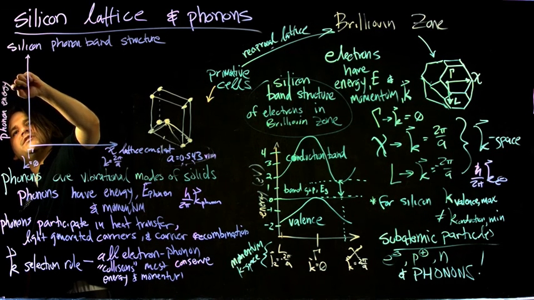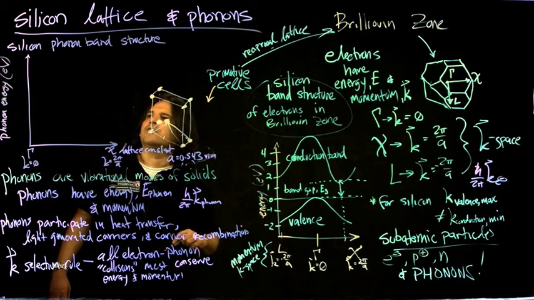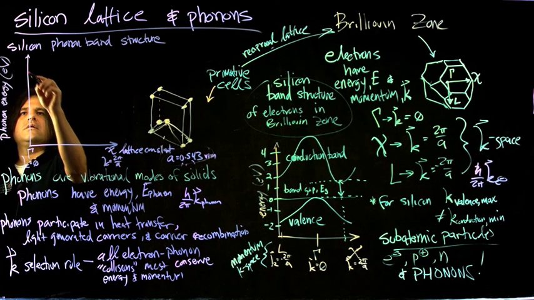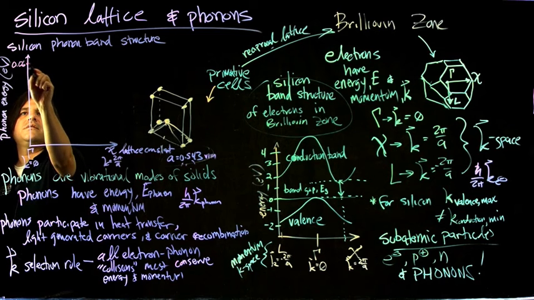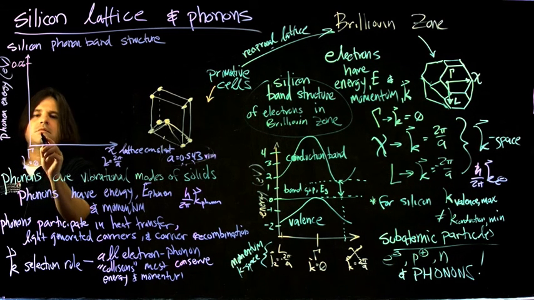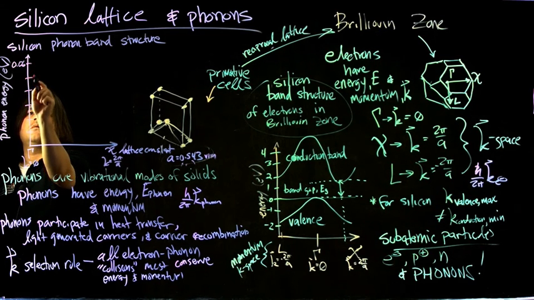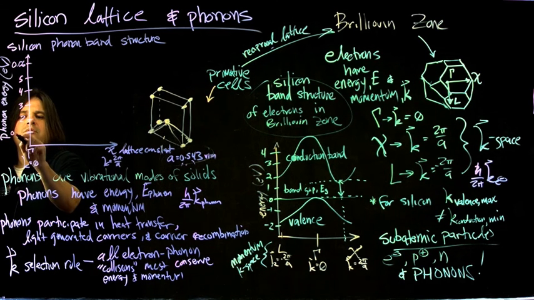It's still energy, it just belongs to the phonons. That's in electron volts. And let's say that this is 0.06. Oh, that was nice. So 6, 5, 4, 3, 2, 0.01.